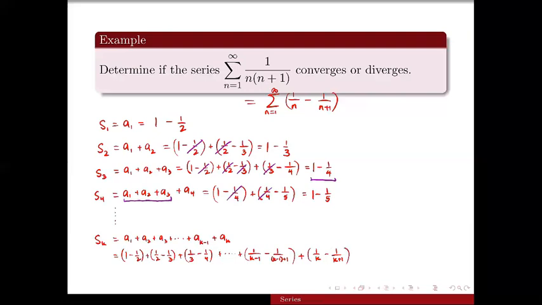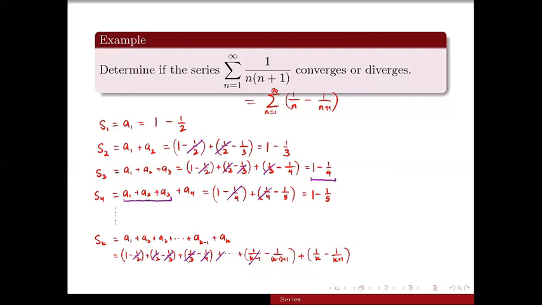And observe, this will cancel the next term here. This guy will cancel the next term here. This guy will cancel what is in here. This guy will cancel the one before that. And this guy here is k minus 1 plus 1, so it's just 1 over k.